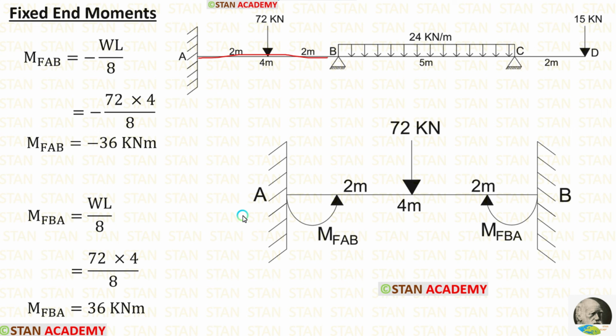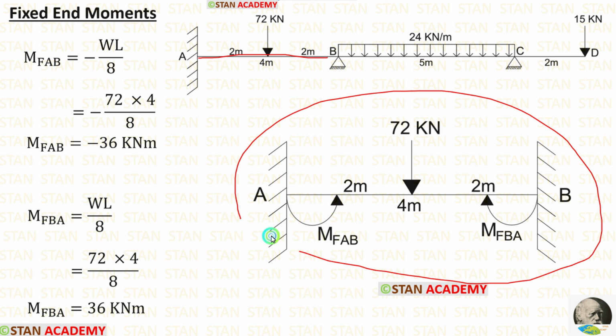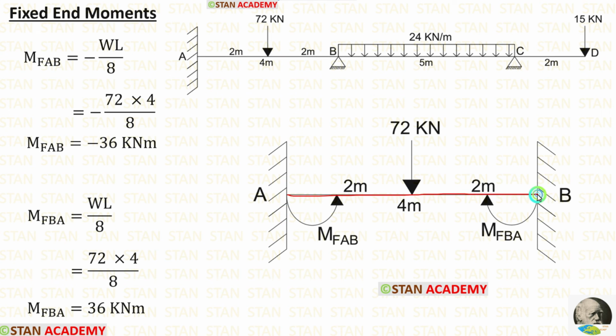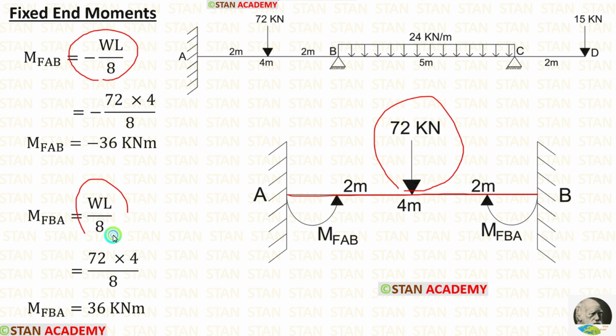For that, we have to assume the span AB is a separate fixed beam. In the span AB, there is a point load 72 kN. It is acting on the center. The formula to calculate the fixed end moments are minus WL upon 8 and positive WL upon 8.